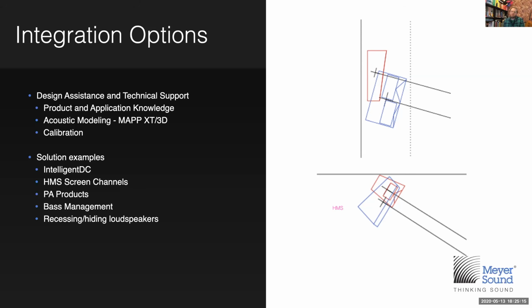The UPJ is the largest point source loudspeaker we offer in intelligent DC, not including the HMS-12. This image shows that it's about half the height from the ceiling to the end of the loudspeaker, comparing the red UPJ to the blue HMS-10, and you get the same aiming with that center line shown.